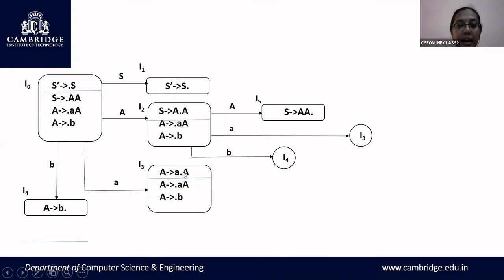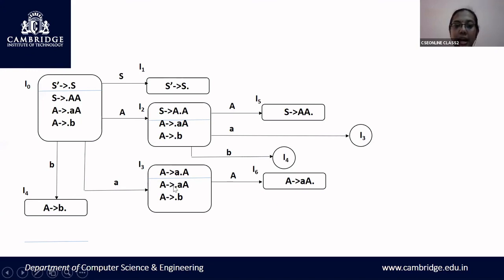In I3, I can move dot towards one position right hand side on the variable A. On variable A, I can move dot towards the rightmost side. Again here, I cannot take the closure because dot is there on the rightmost side. That is one of the final state or the reduction step, and I named this state as I6.